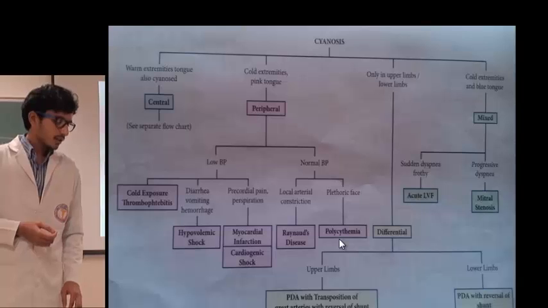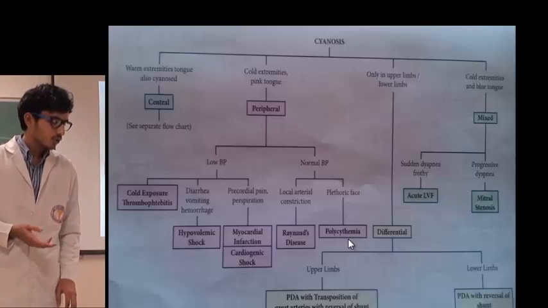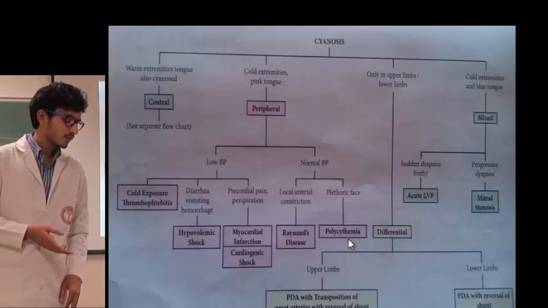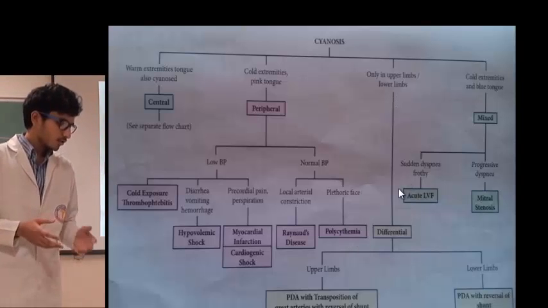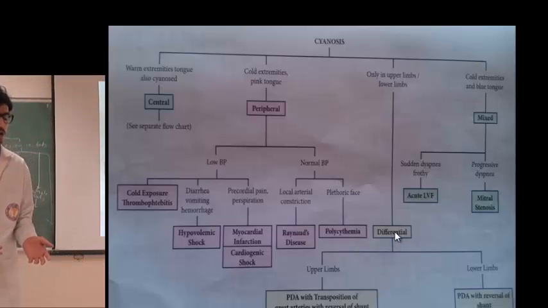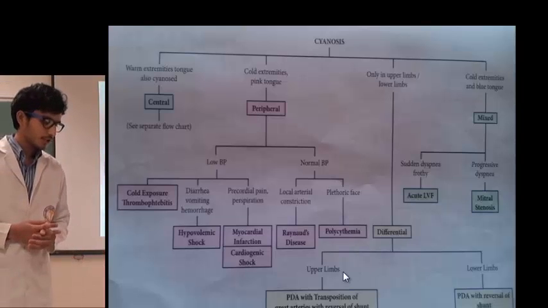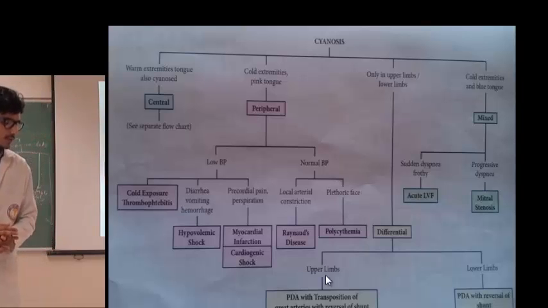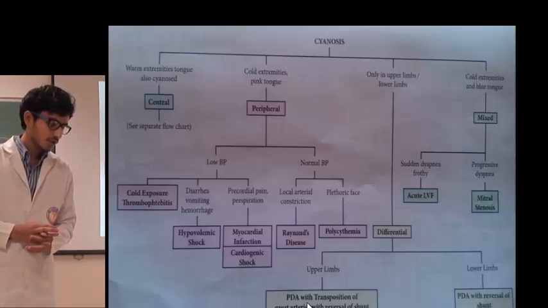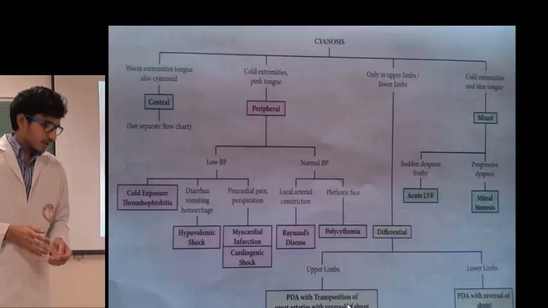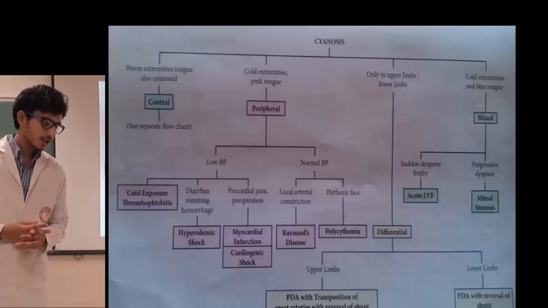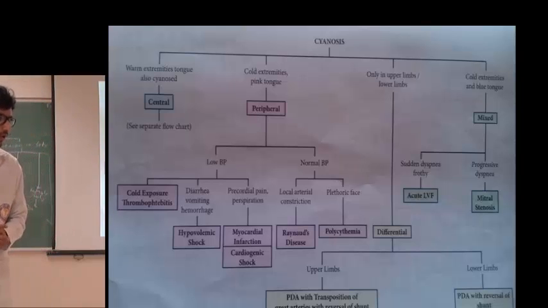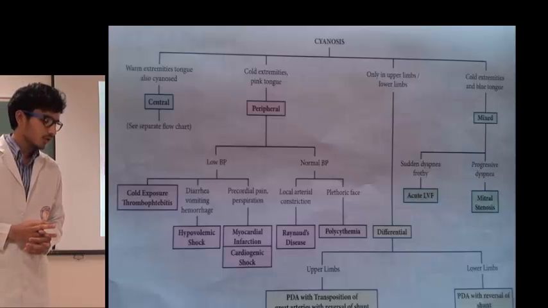Similarly, if the cyanosis is found only in the upper limbs or lower limbs, it is termed differential cyanosis. If the cyanosis is present in the upper limbs, it is mainly due to patent ductus arteriosus with transposition of great arteries and reversal of shunt. Similarly, in the case of the lower limbs, if patent ductus arteriosus is present with reversal of shunt, the patient can present with cyanosis of the lower limb.